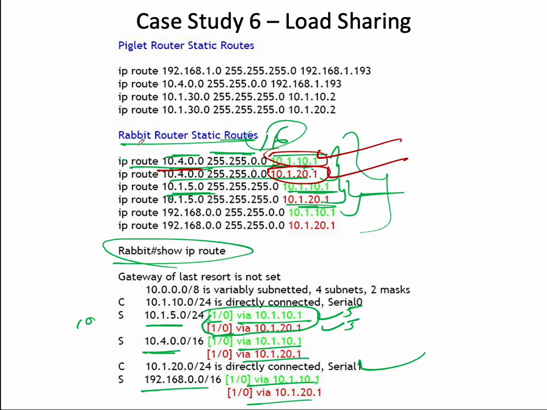So now the router's routing table knows that, hey, if I want to reach 10.4.0.0, I have two paths to reach it, and it's located, hey, I have configured the static route, so it's equal cost, right? So if you receive two packets at the same time, it will forward one via this way and the second via this.